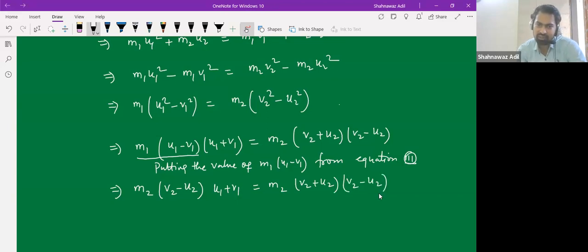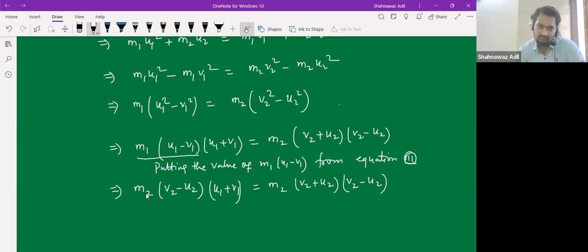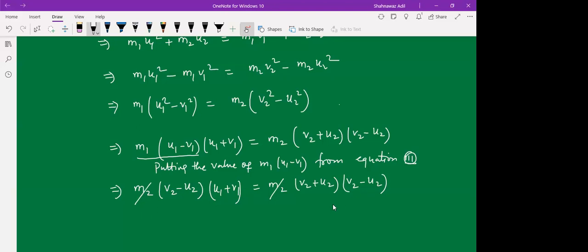So what is cancelling? So v2 plus u2, and you can cancel v2 minus u2 on both sides. There you see that m2 and m2 cancel out.